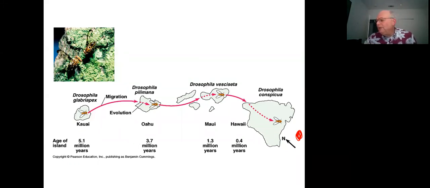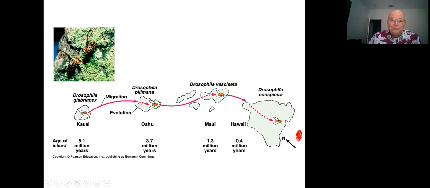It's probably several million years yet before it emerges, but we know that it's emerging because submersibles have been down and you can see the ongoing volcanic activity that's producing it. So the Hawaiian Islands have shown this progressive population by organisms as the islands have emerged.